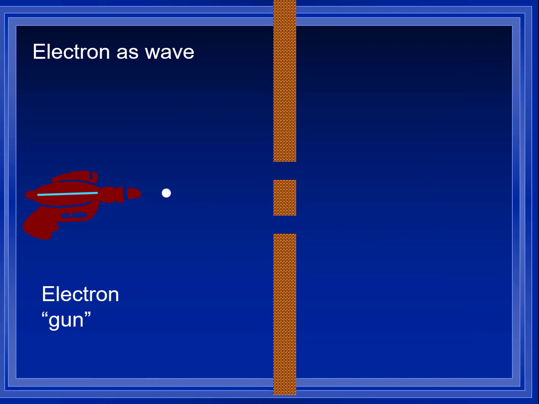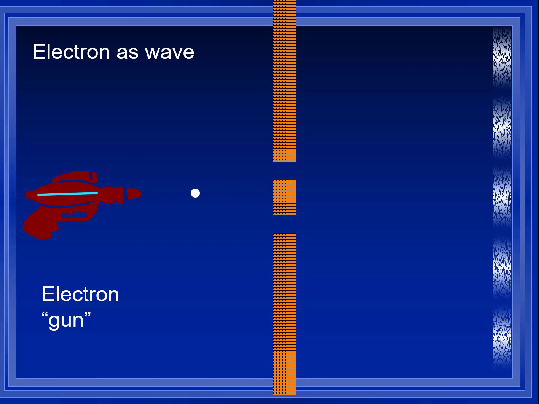If the electron's a wave, it goes through both slits at the same time. And over time, as you keep sending electrons, it's hard to detect one, you get a pattern over on the wall.